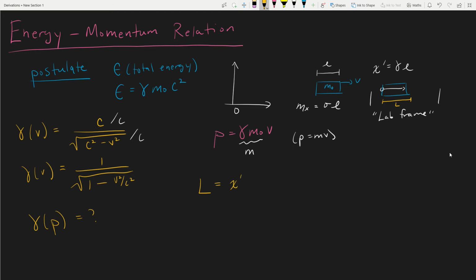It's the distance a photon travels in the lab frame. And x prime is simply gamma times lowercase l. So m in the lab frame, or m prime, is clearly going to be L times sigma, right?